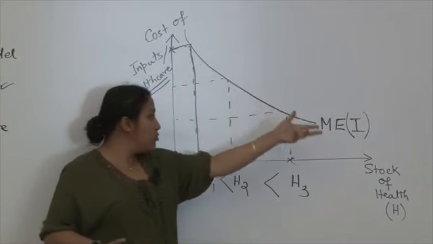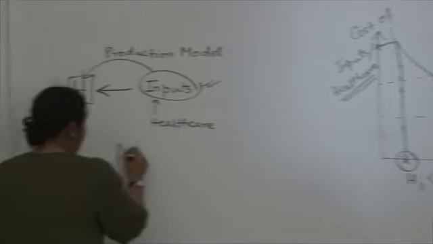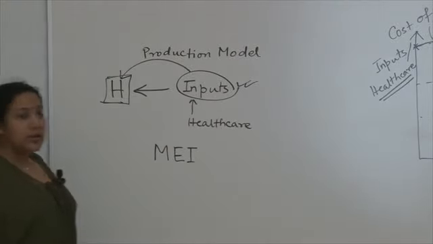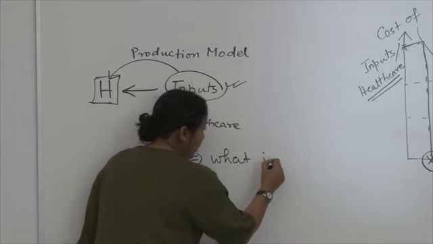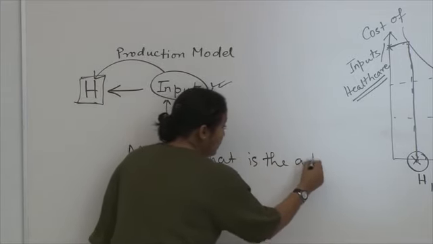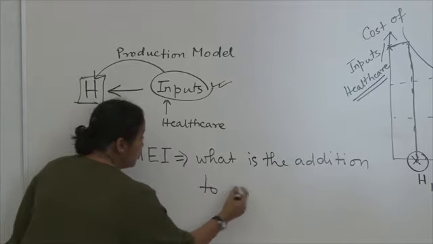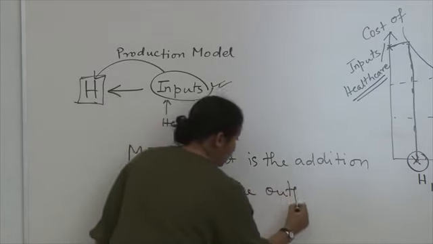In other words, the marginal efficiency of investment, or marginal efficiency of the input that I am talking about, is basically the addition to the output.